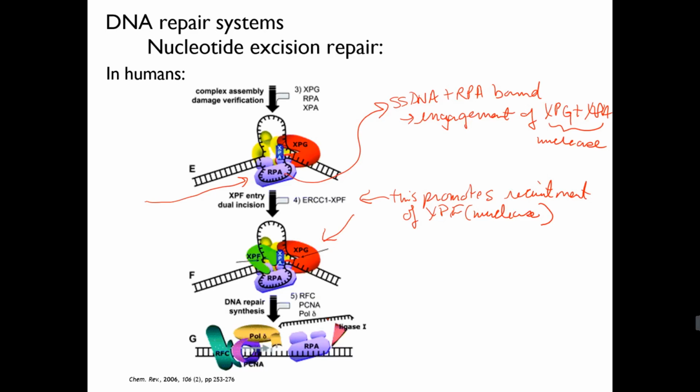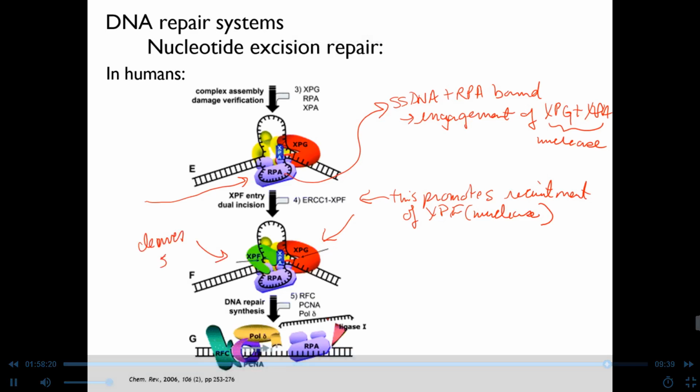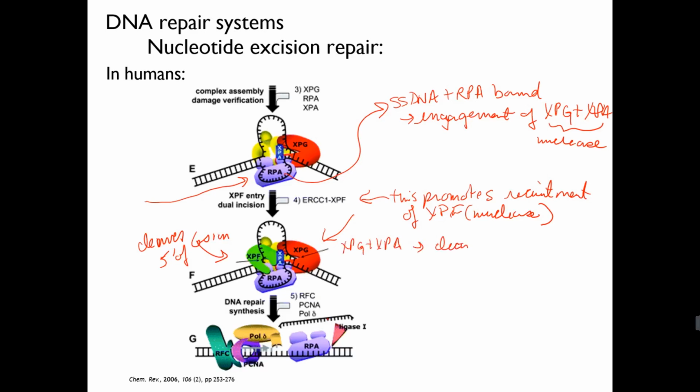So now the damaged base can be removed, and for completeness' sake, we show here that XPF cleaves 5' of the lesion, and as shown on this side, XPG and XPA cleave 3' of the lesion.